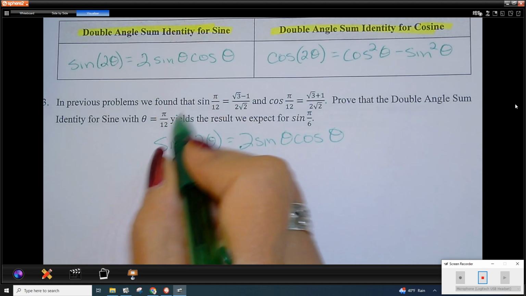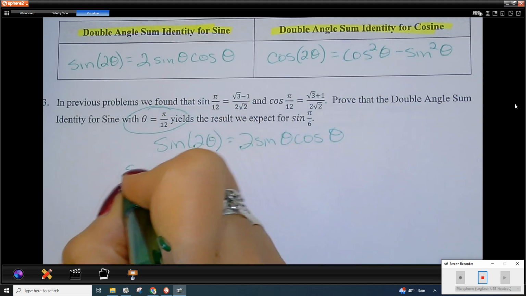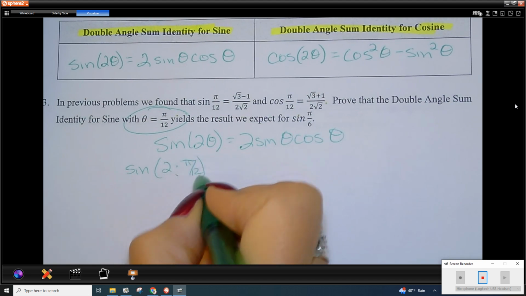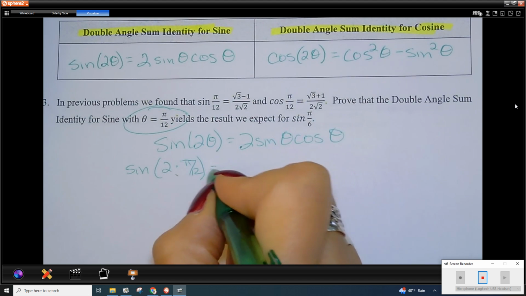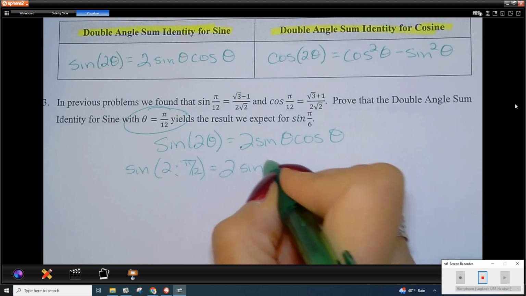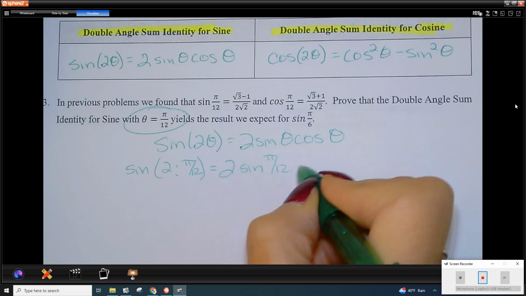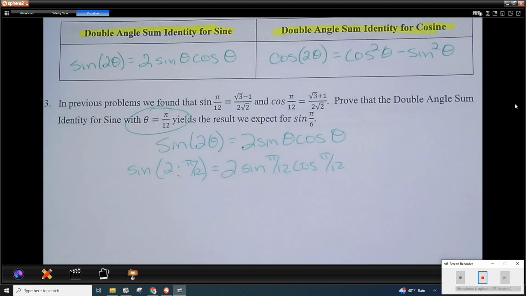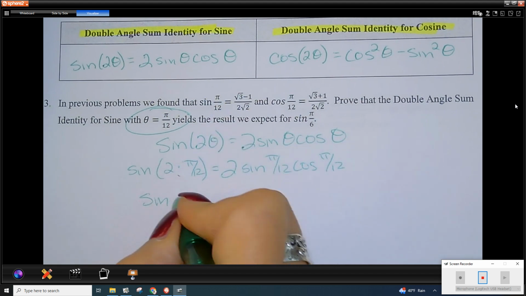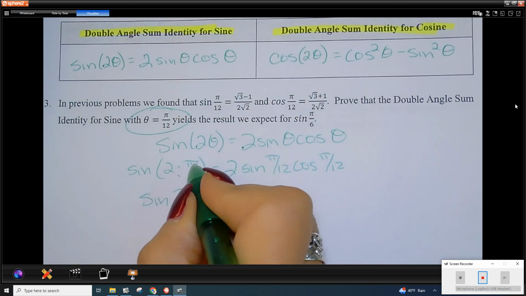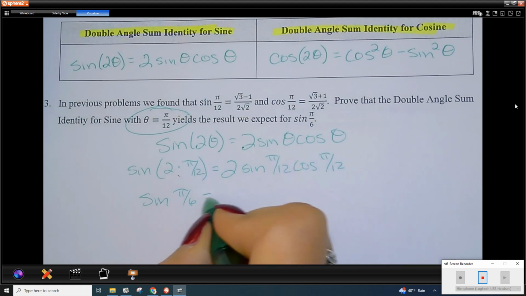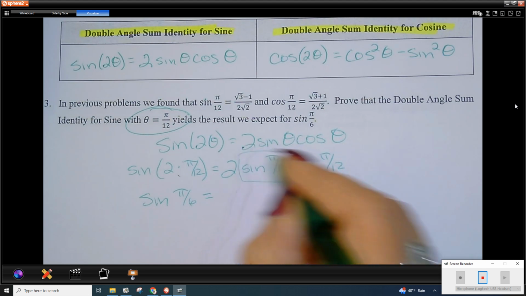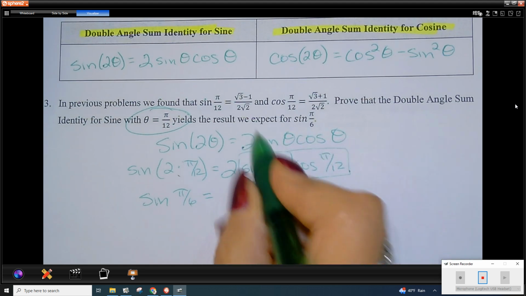So if we're going to use theta as pi over 12, so sine of 2 times pi over 12, there's your pi over 6, is 2 sine of pi over 12 cosine of pi over 12. I'm just going to write sine of pi over 6 because 2 and the 12 cancel to 6. We know what this value is from the page before, and that's what they gave us right here.